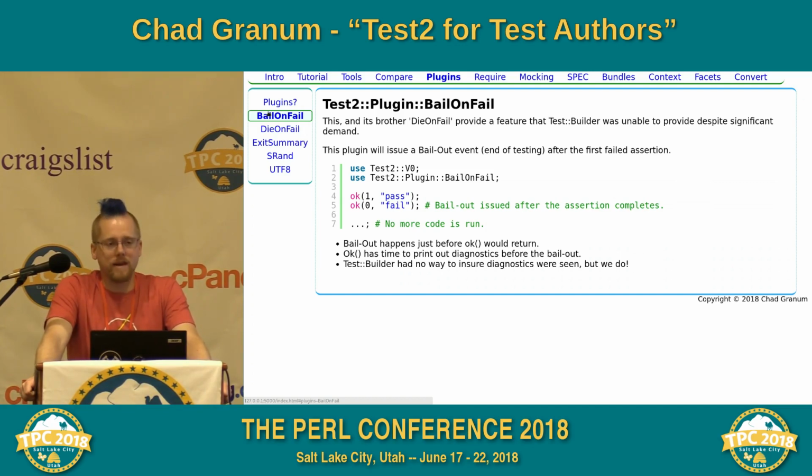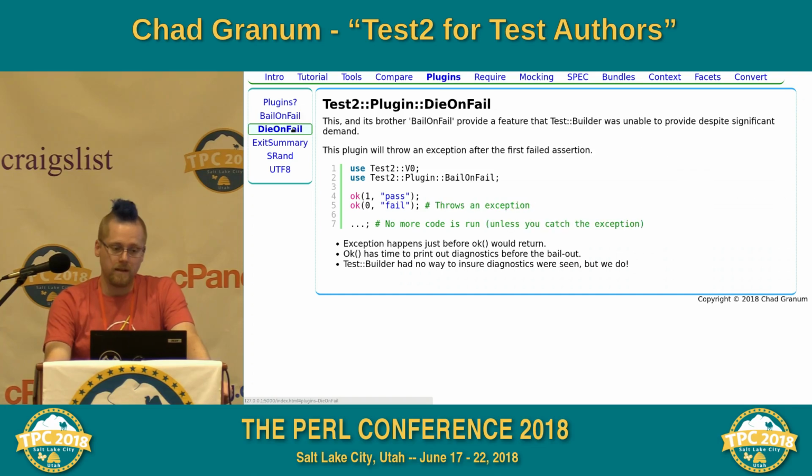So if you bailed right after the assertion failed, you wouldn't see any of your diagnostics, which is really awful. There were a few hacks to try and fix that, such as waiting until the next assertion, but then you might have already gone too far and run code you didn't want run. Test2 has a concept of context, which I'll get to later, that makes bail on fail possible. Die on fail, same thing, but you die instead of bail out, which means your other tests will still run.